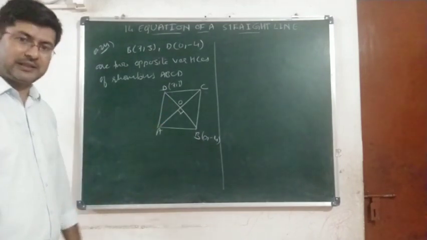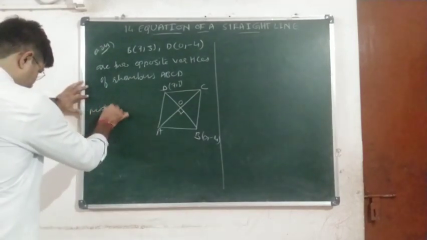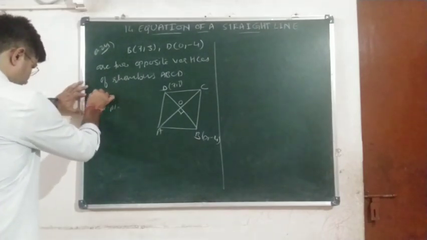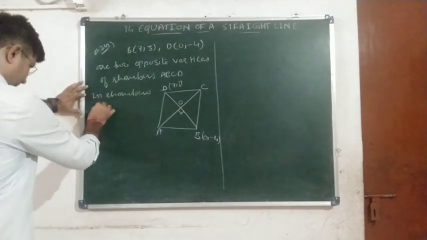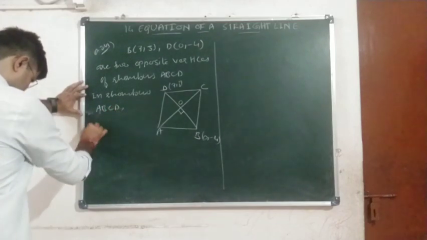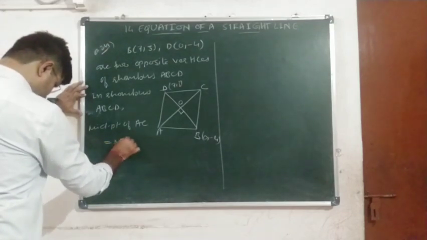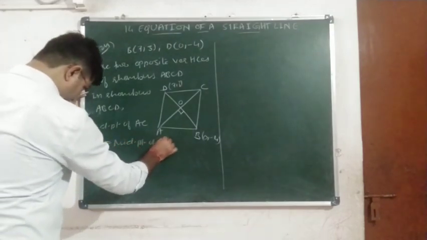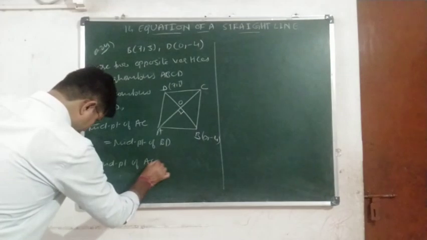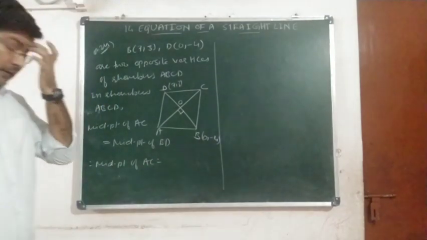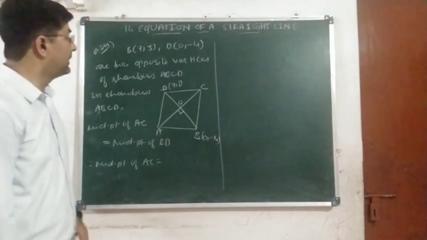So first of all, we will find out the midpoint of BD, and the midpoints of BD and AC are equal. Clear? So we will write down that in rhombus ABCD, midpoint of AC is equal to midpoint of BD. Formula of midpoint: (x1 plus x2) by 2 and (y1 plus y2) by 2.